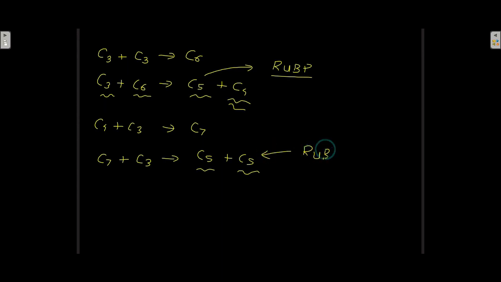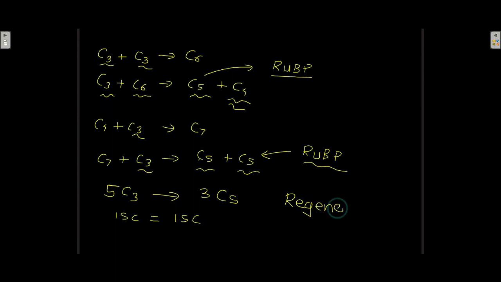This is the overall representation of the regeneration cycle, and as you can see, 1, 2, 3 molecules of RuBP are being generated, and 1, 2, 3, 4 and 5 molecules of glyceraldehyde 3-phosphate are being utilized. Okay, so 5 C3 will give you 3 C5. 5 into 3, 15 carbon is equal to 15 carbon. So that is how the regeneration phase of the Calvin cycle works.